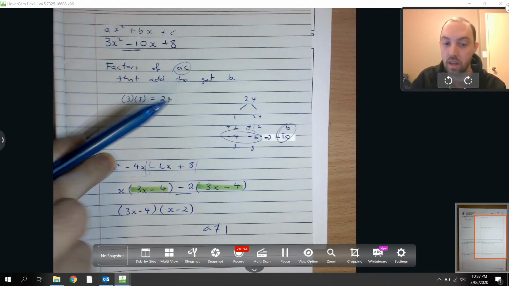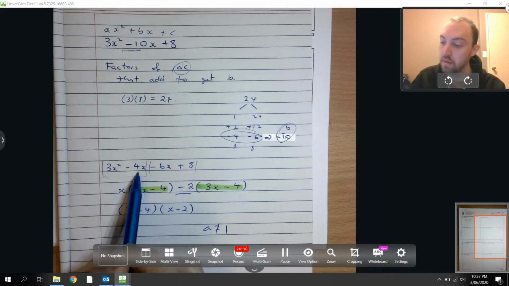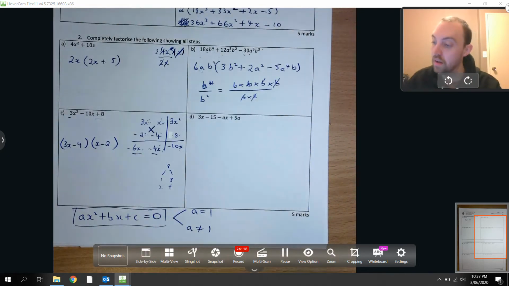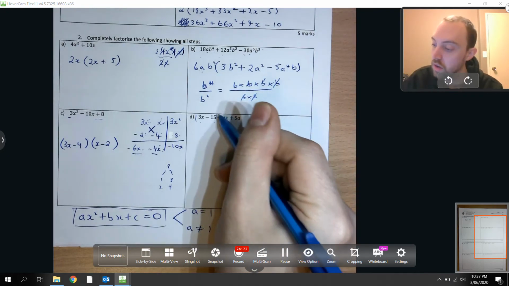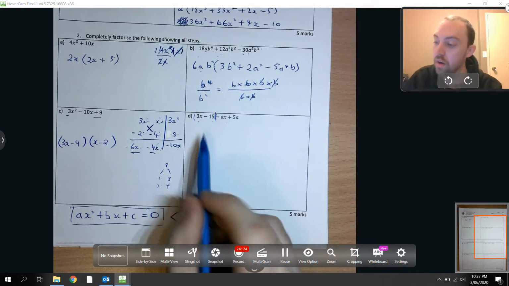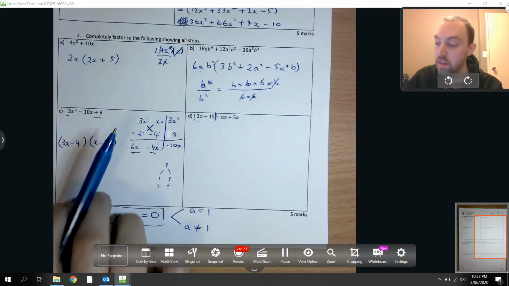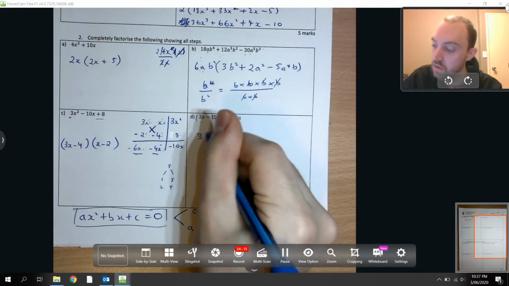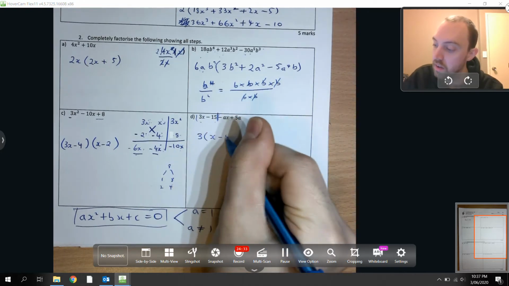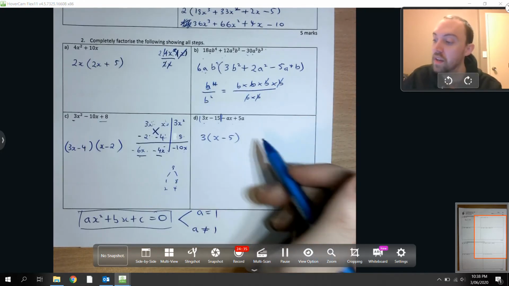I'm going to split my thing here into two sections. I'm going to factorize terms in the first part. Common factors of 3x and 15 is just 3, leaving just x, take 5. Same situation here.